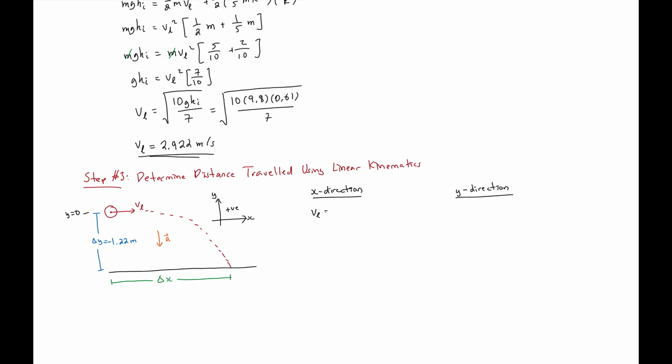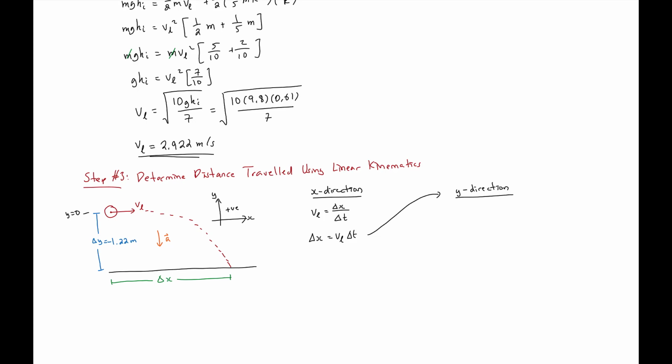It's VL equals delta x over delta t. So if we want to find delta x, we need to multiply VL by delta t. So we need to find delta t, and the only way we can do that is through the y direction.